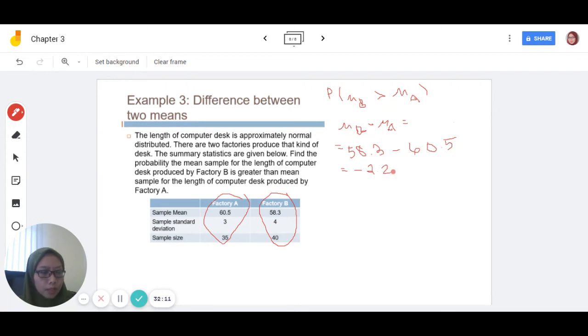And then we compute the standard deviation of the difference of the two means.